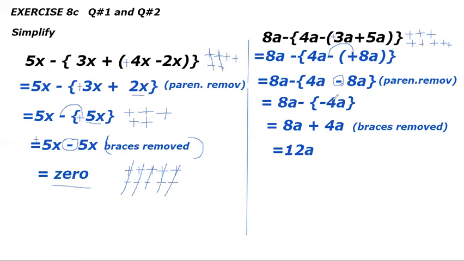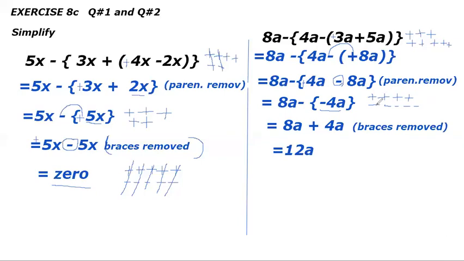In the next step, 4a means a positive 4a. Positive 4a and negative 8a gives us a negative 4a. How? Positive 4a means a positive sign 4 times, and negative 8a means a negative sign, negative a 8 times.